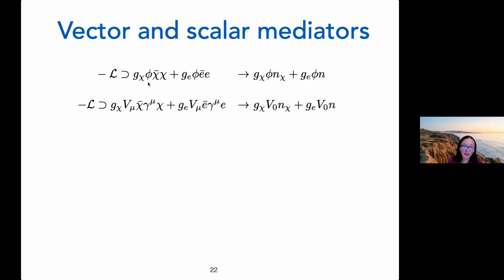In the scalar case, that is just the coupling of the number density of electrons with this mediator and the number density of dark matter with the mediator.